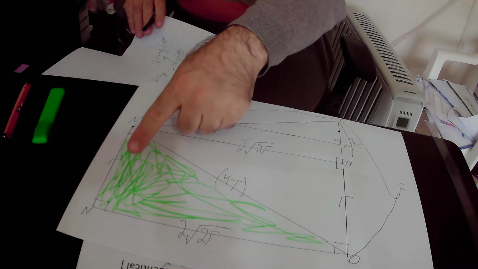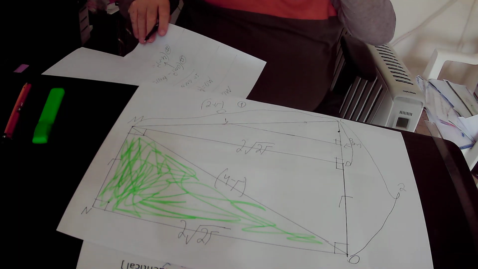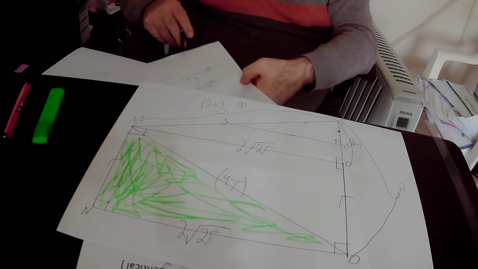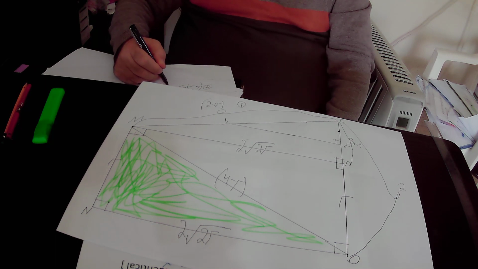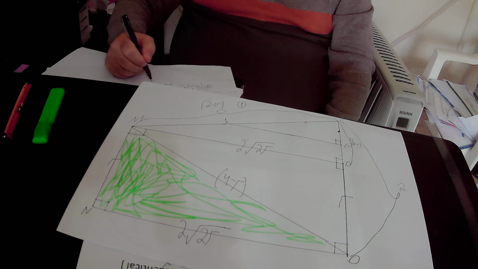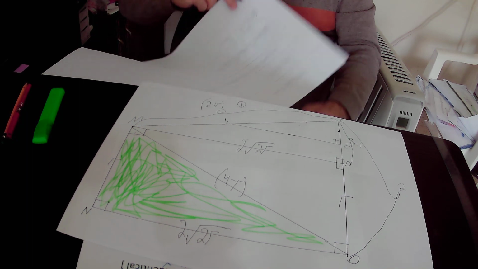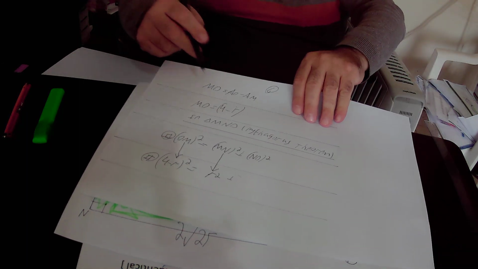MN is R. So MN square will be equal to R square. MN square equals R square.